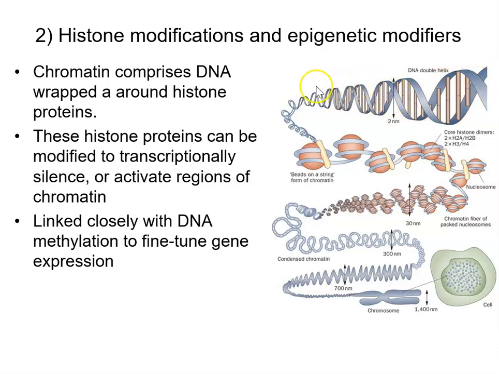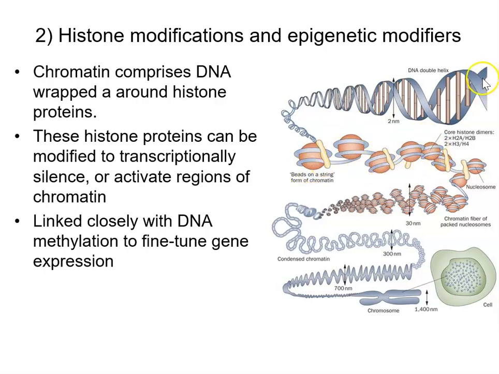Now DNA is wrapped around histone proteins, and we call these nucleosomes. So we've got 8 proteins in this sphere here and another histone protein there, and the DNA wraps around each of these spheres a couple of times and then wraps around another one and then around another one.